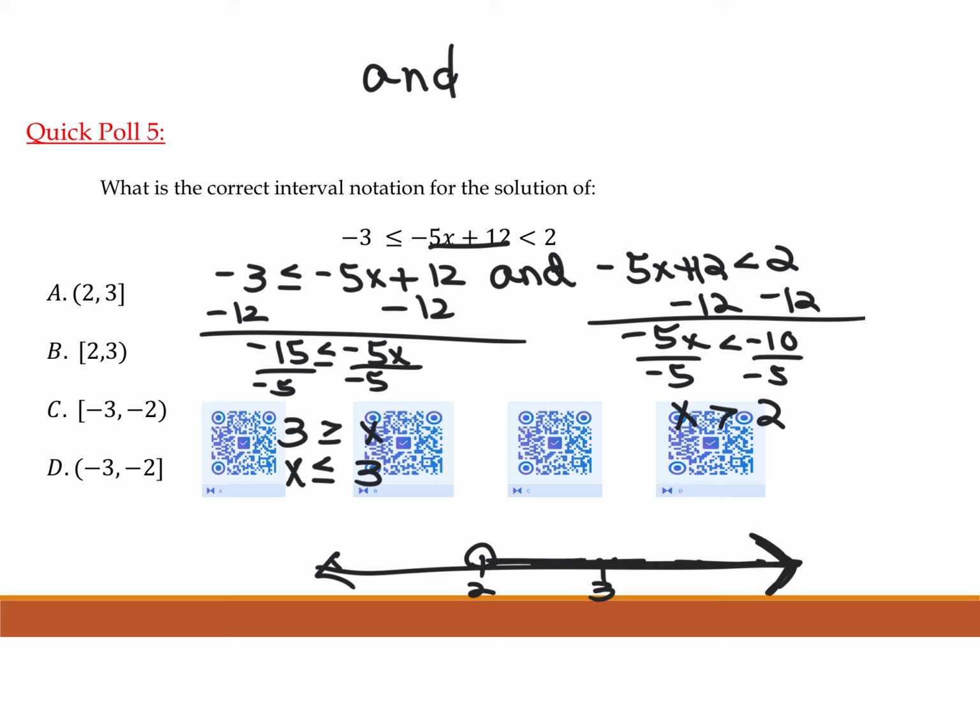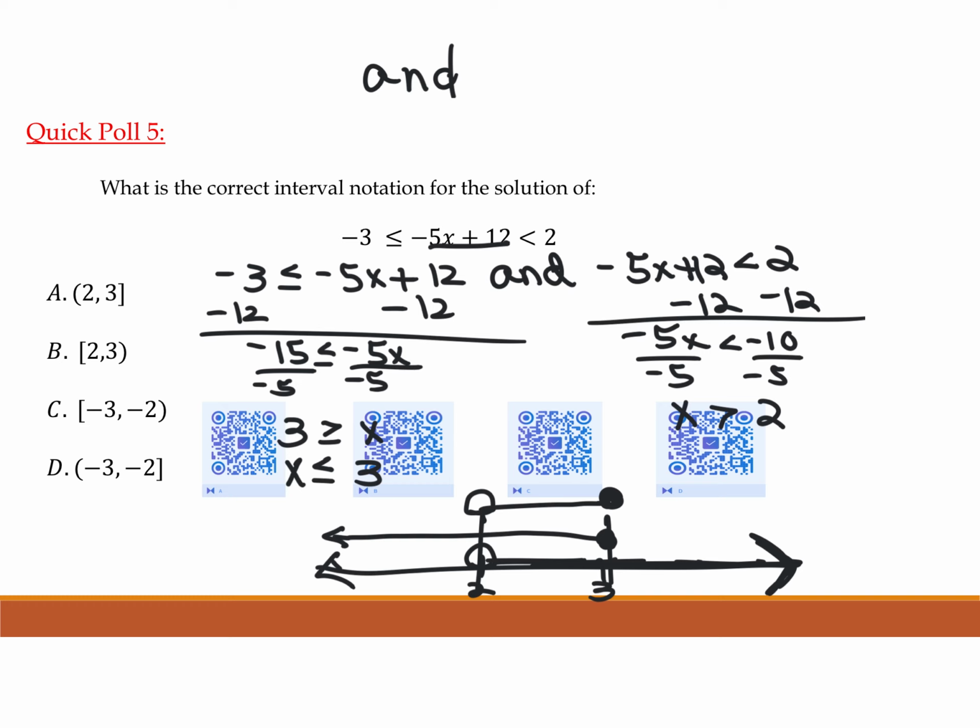Remember, with an AND, we do not graph the next part directly on the number line. We're going to graph it a little above. So it's going to be a closed circle on 3 and everything shaded to the left. Your solution is going to be the overlapping areas, and that is from 2 to 3.